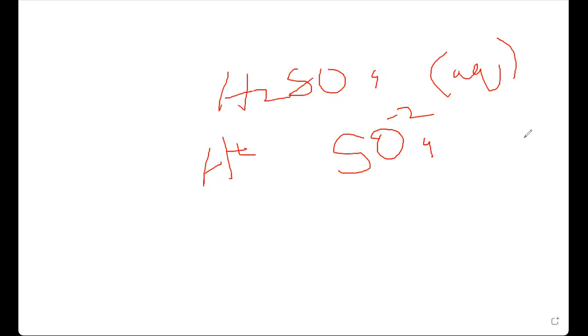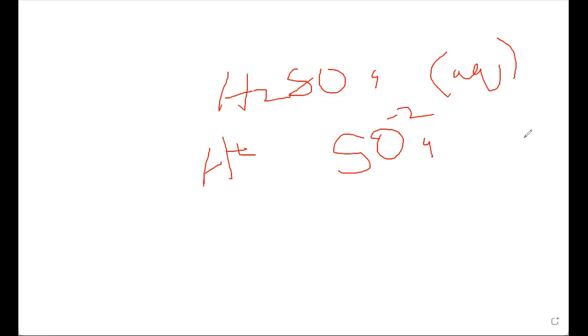Keep in your mind that we are discussing making something aqueous. For example, if I'm reacting NaH with something and that is giving me H plus ion, we cannot call it an acid. Everything is an acid when it is giving H plus ion when you are dissolving it into the water, not reacting it with something.